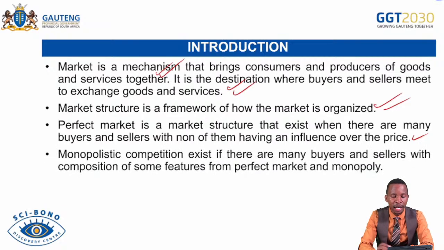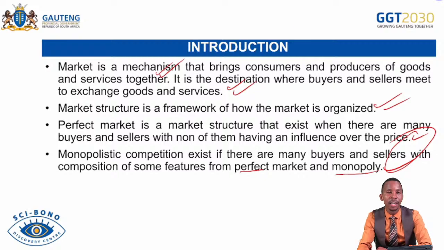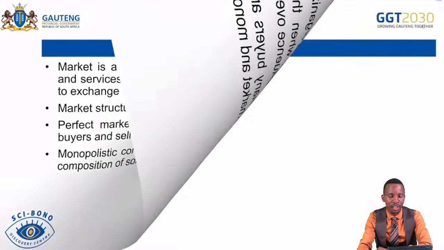Monopolistic competition exists where there are many buyers and sellers with some features from a perfect market and some from the monopoly. So there are some features or characteristics from both. So this gives you 1. So you have the combination of definitions in there. Then you get your 2 marks for providing the proper introduction.